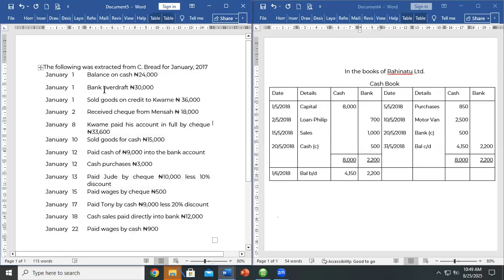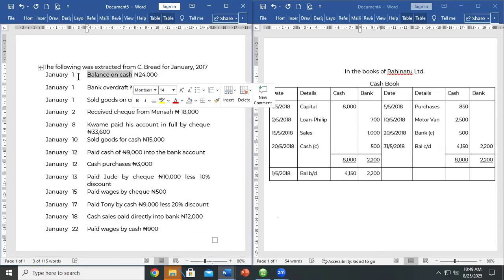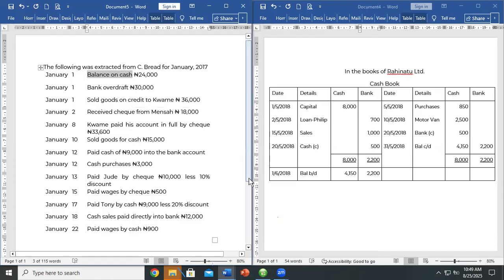Professors, when you see any balance at the beginning of the period, that's an opening balance, your balance brought down. So when preparing your cash book, you may have to deal with this balance brought down at the beginning of the period.